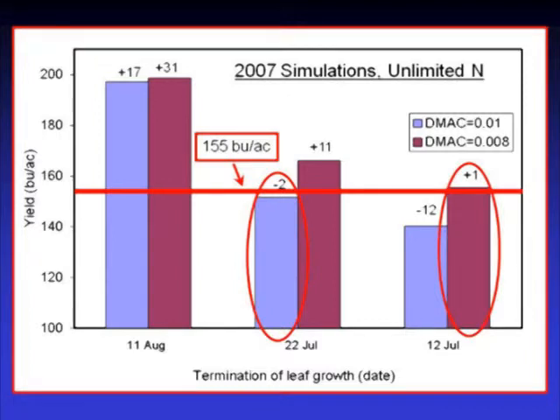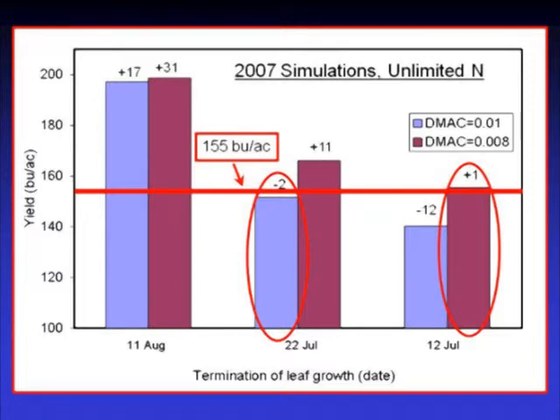Now, some of the scenarios that the simulations run aren't exactly in line with what we've observed in the field, but for the 155 bushel per acre yield, this scenario right here is within 2 days of predicting the maturity date, and this one within 1 day. So there are some scenarios that agree very well with his production system and are very close to the yields that he's obtained.